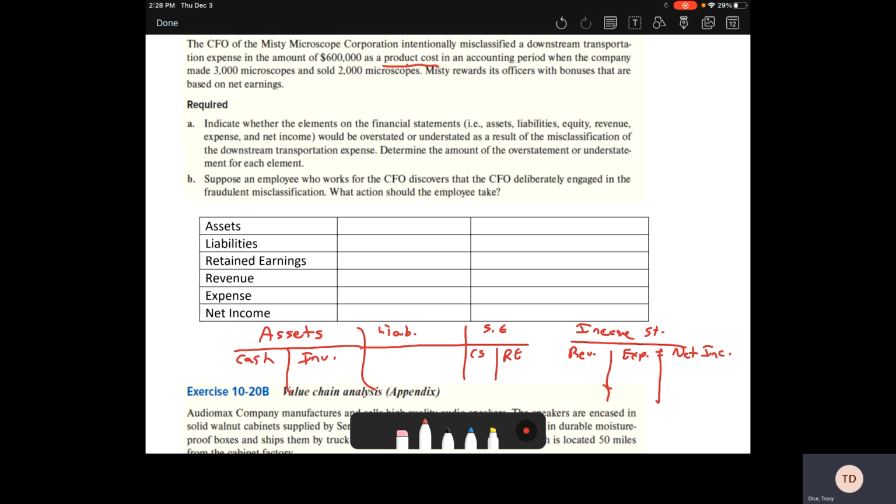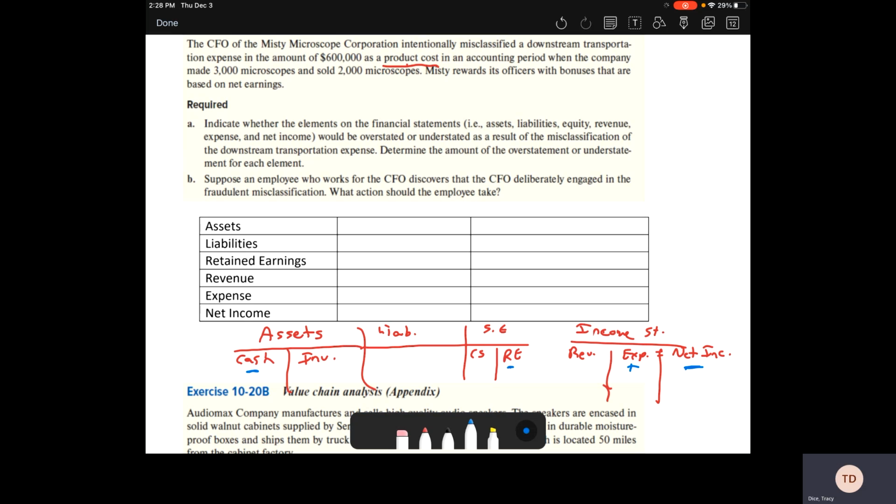All right, so if this is counted as a product cost, that means that we are adding it into our inventory. What should happen is this should be an expense right away. So it should come out of our cash and go in as an expense, so then our net income would go down.